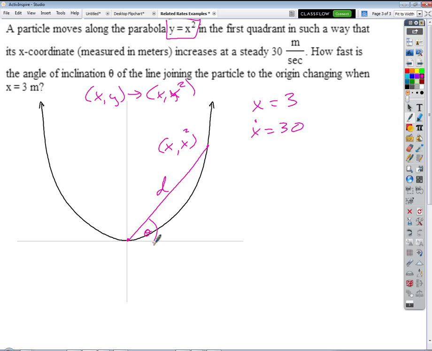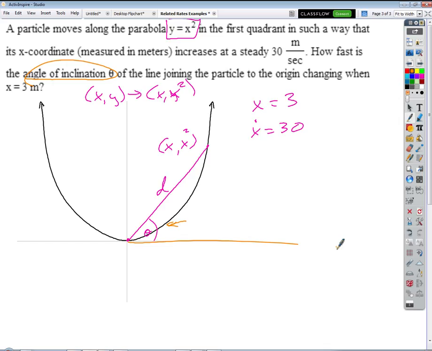Angle of inclination, that probably needs to be defined. Angle of inclination just means the angle between the horizontal and whatever you're talking about, a line in this case. That's a specific math word. So we're trying to find theta dot, aren't we?